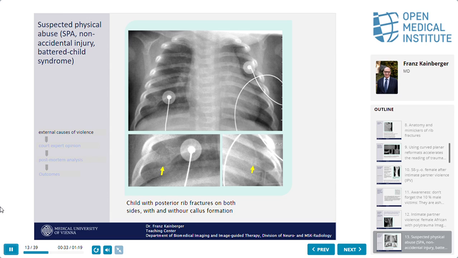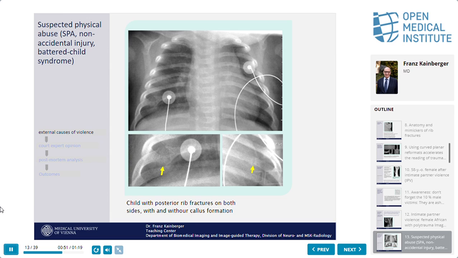Therefore, for us with post-mortem CT, this is very easy, because we can see the subluxation or definite luxation of the arytenoid cartilage, and therefore can give proof that there was violence.